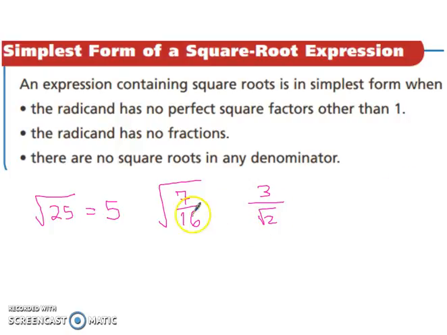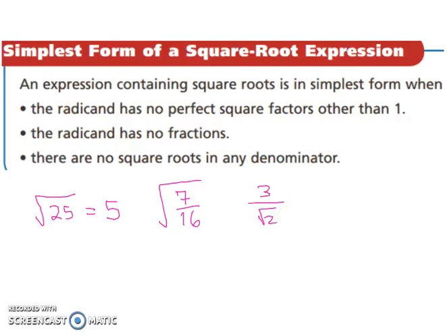You're going to learn how to simplify these as time goes on. But for right now, simplest form of a square root expression is not going to have a perfect square, it's not going to have fractions as the radicand, and there's not going to be a square root in the denominator.